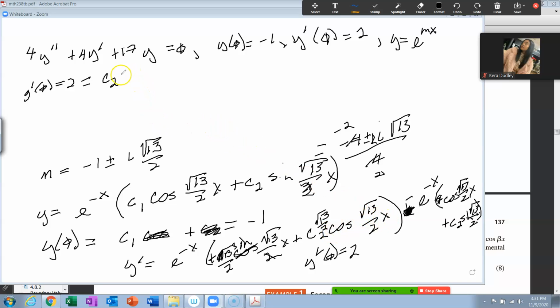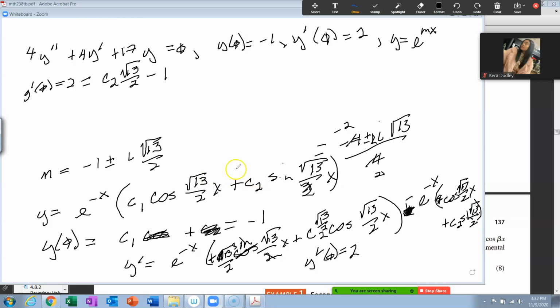So this is going to be the square root of 13 halves minus, and here again e to the 0 is 1, and that's a minus 1 there times 1, so I think that's a minus 1. I think that's all that's left there, and this would contribute 0 because sine of 0 is 0.